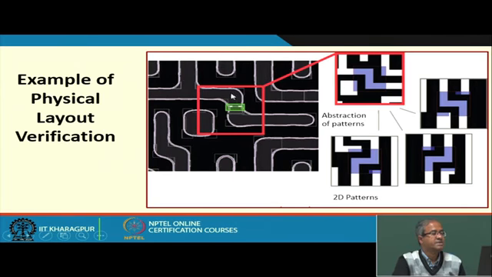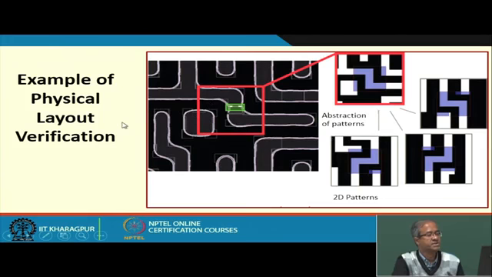So, this is a design rule violation. So, you can have some inspection in the layout and try to find out whether such design violations do exist or not. These patterns can be different abstractions of different kinds of patterns. You move the window and see whether what you see under it is matching with any one of these.